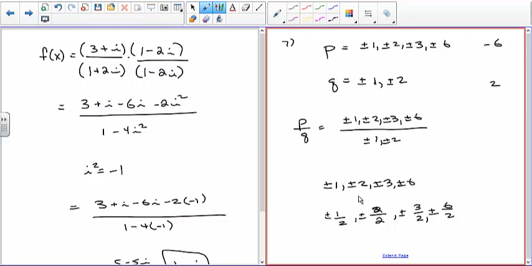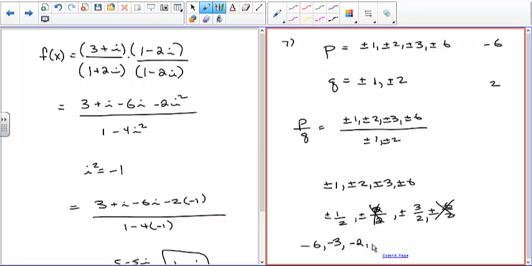So what I've done there is I've got all 4 choices in the numerator and the second choice in the denominator. But we don't have to do that because plus or minus 2 over 2 is 1, and we don't need to do that because 6 divided by 2 is 3.